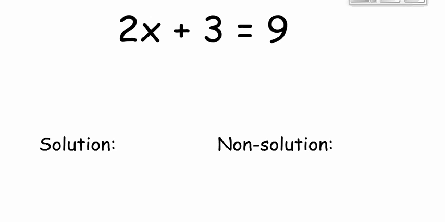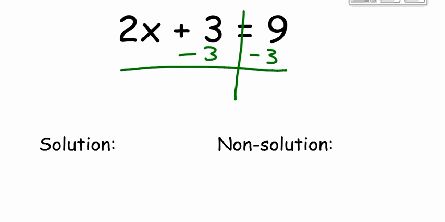All right, let's try one more. 2x plus 3 equals 9. Subtracting 3 from both sides, that's going to leave me 2x equals 6. And then I have to divide by 2. X is equal to 3.